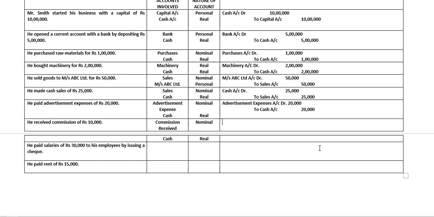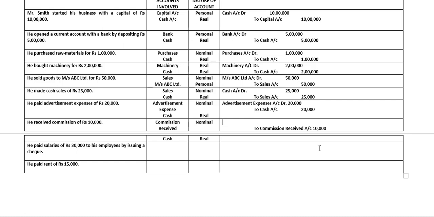So the rule says for nominal account, debit all expenses and losses. It's not a loss or expense, and credit all incomes and gains, and it's an income, so it will be credited. So to commission received, with transaction amount of 10,000.